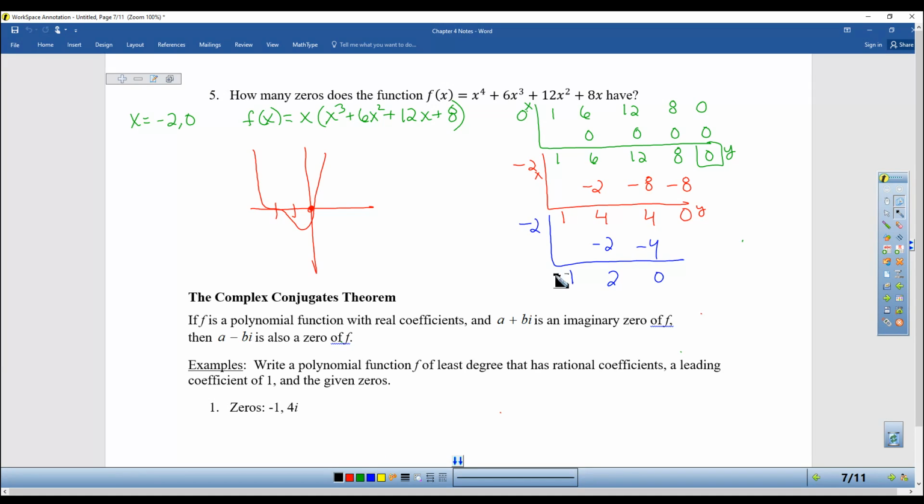And running out of room just a little bit, but we can do it one more time because negative 2 is a 0 3 times. Add, multiply, add. So this is what a graph will do when you actually did find all the zeros.